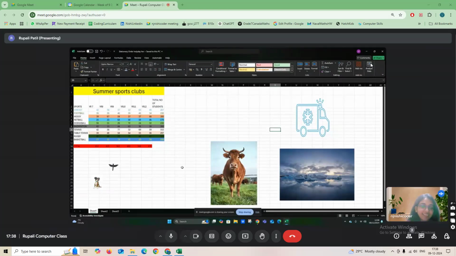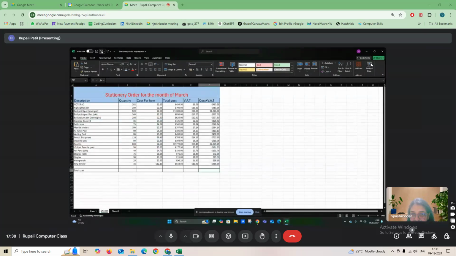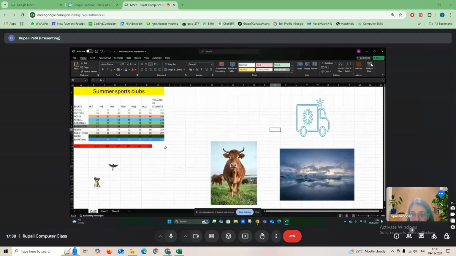Okay. So this one, this one, this one. And this chart I made. Oh, where is the chart gone? It should be there. It was there.